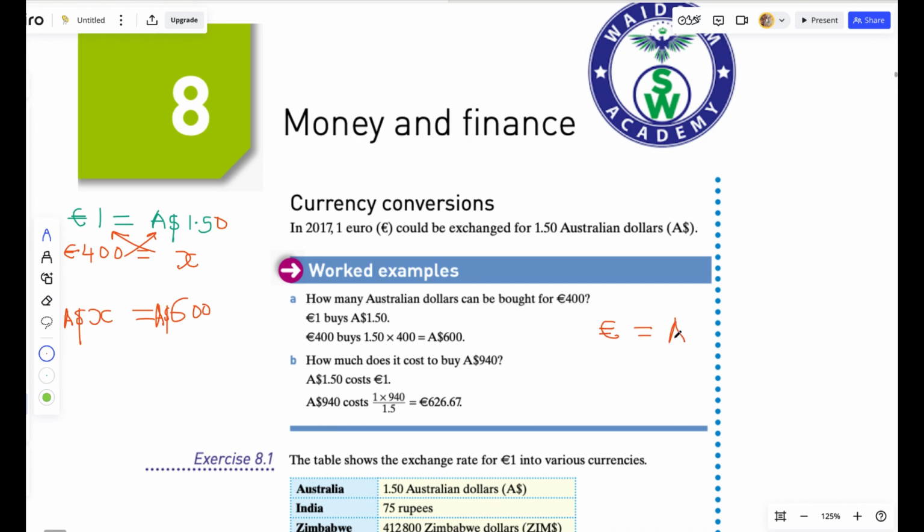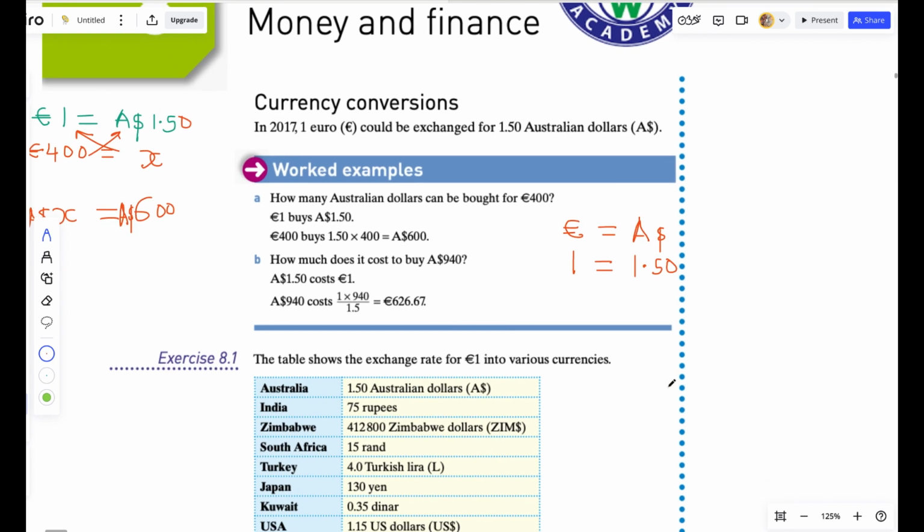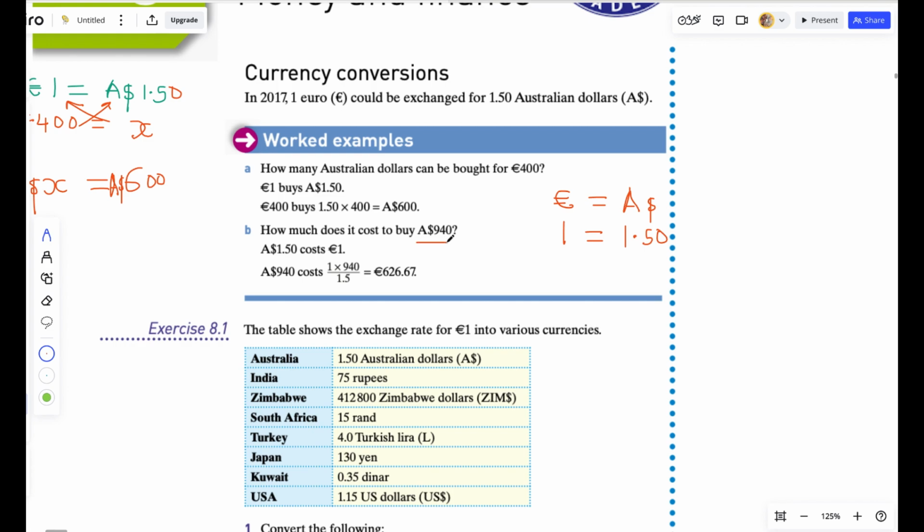Remember, you always start with the basic unit amount: 1 euro equals 1.50 Australian dollars. Now they say you have 940 Australian dollars, so I'll write the 940 under Australian dollar, not the other side. 940 Australian dollars is equal to what? You can call it Y or X. You don't know how much euro it will be.